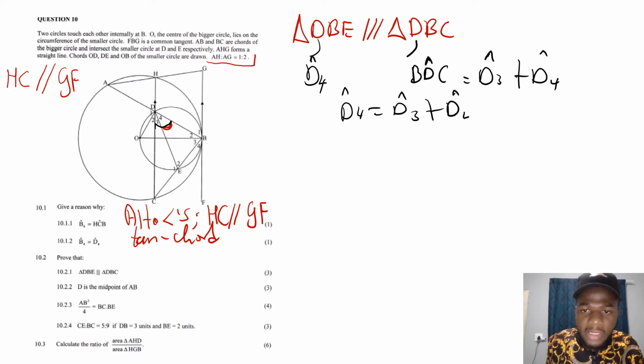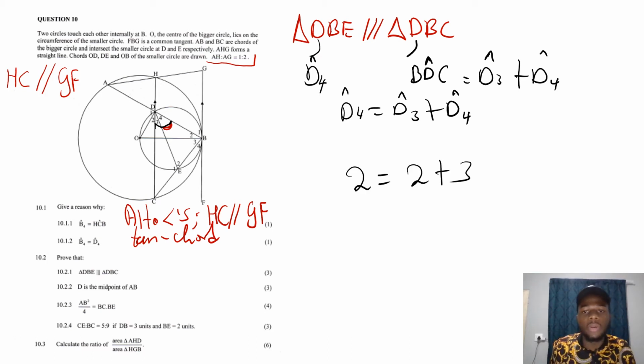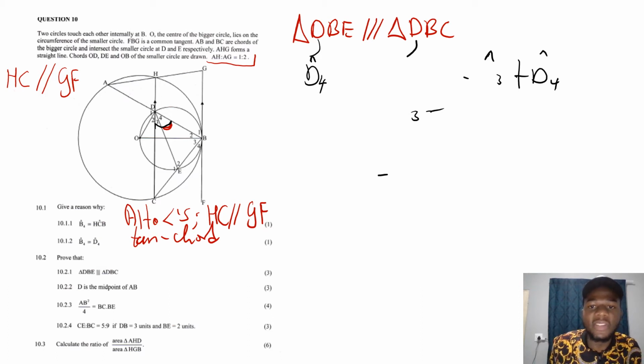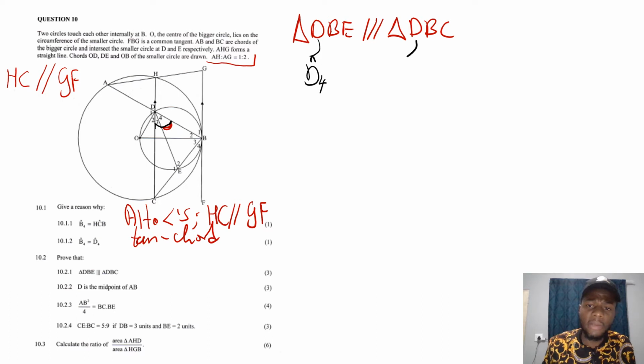This statement doesn't make sense. It's like saying 2 is equal to 2 plus 3. Is this possible? No, there's no way. So I think the person who set this question made a mistake, or maybe didn't put these things in order, because in similarity you must be very careful. You must put these things in order, and if they are not in order, you're going to have a big problem.